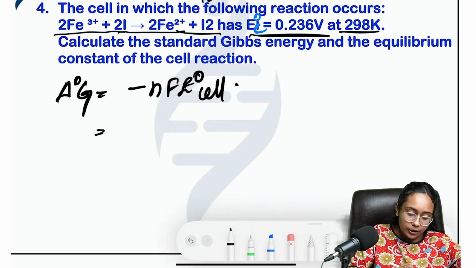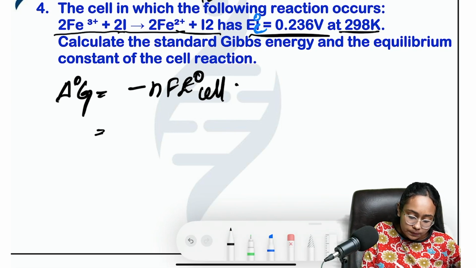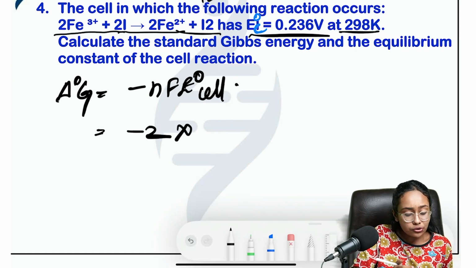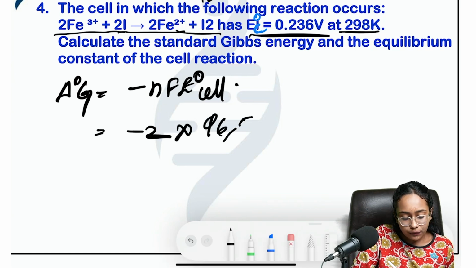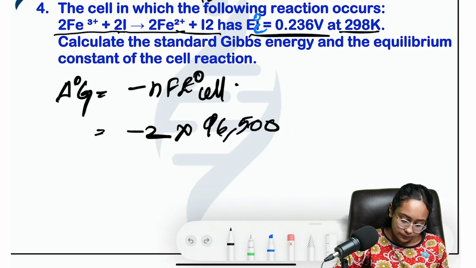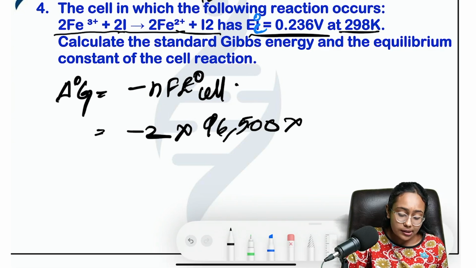In this given reaction, n is equal to 2. And Faraday's constant is already known to everyone, that is 96500, into E naught cell, the standard cell potential, which is 0.236 volt.